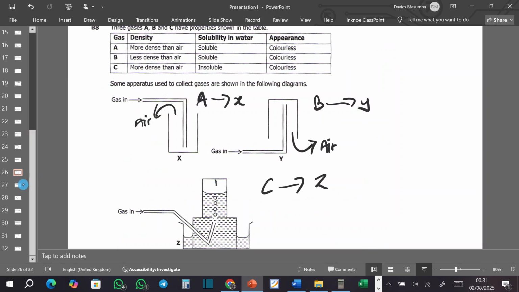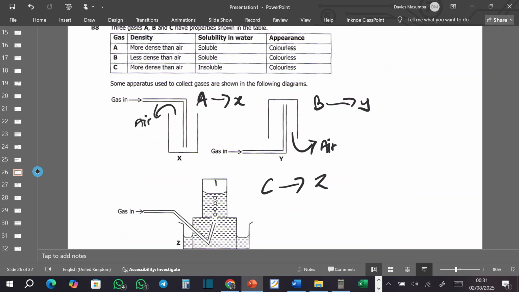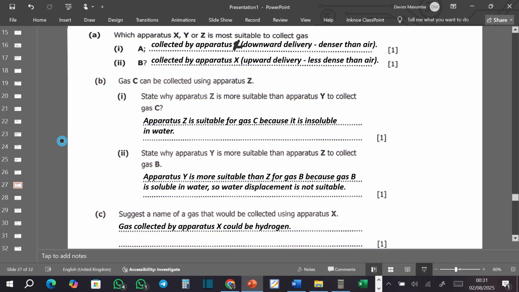So it is corrected to apparatus X, not Y. There was a mistake. See? Downward delivery, denser than air. Yes, it is X. X is the one, not Y.